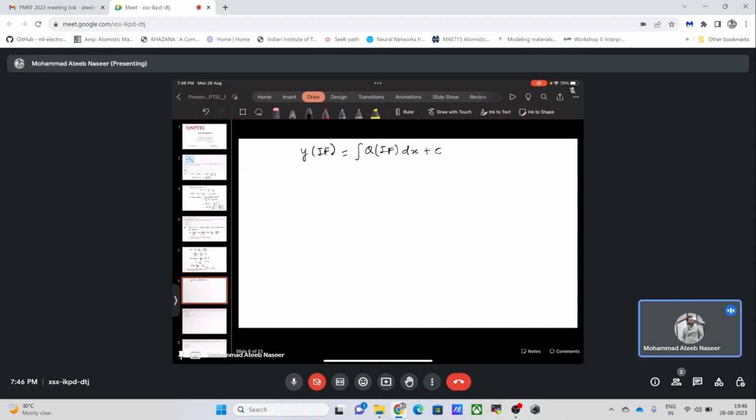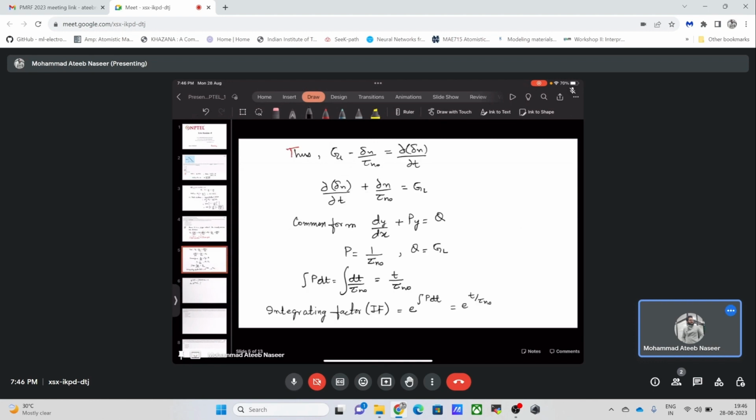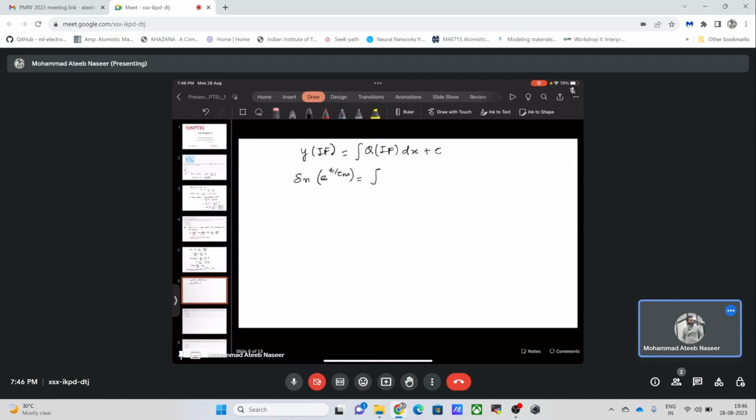So our solution will be delta n times the integrating factor, which in our case is e to the power t by tau n naught, equal to the integral of q, which is GL, times e to the power t by tau n naught, plus some constant c.